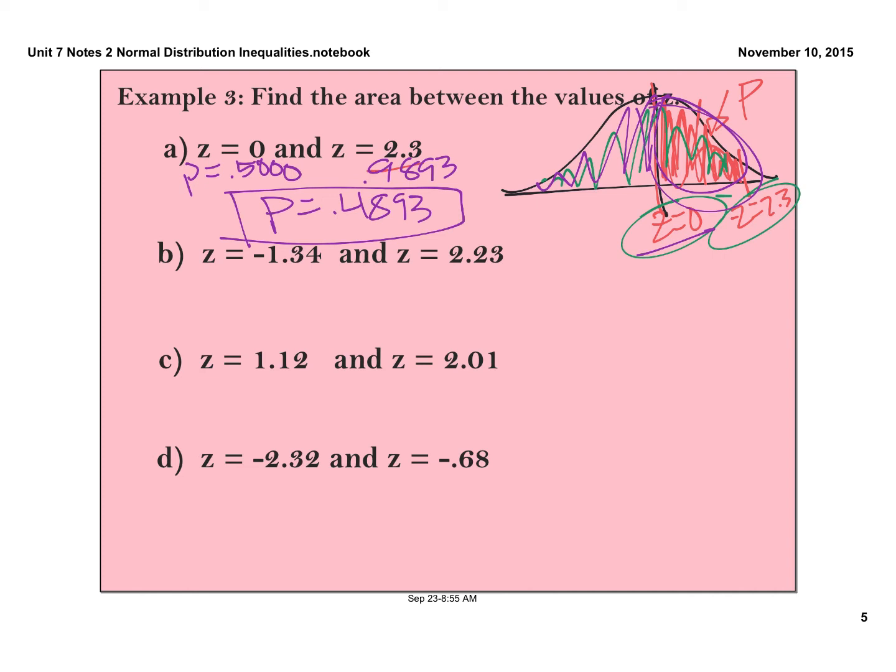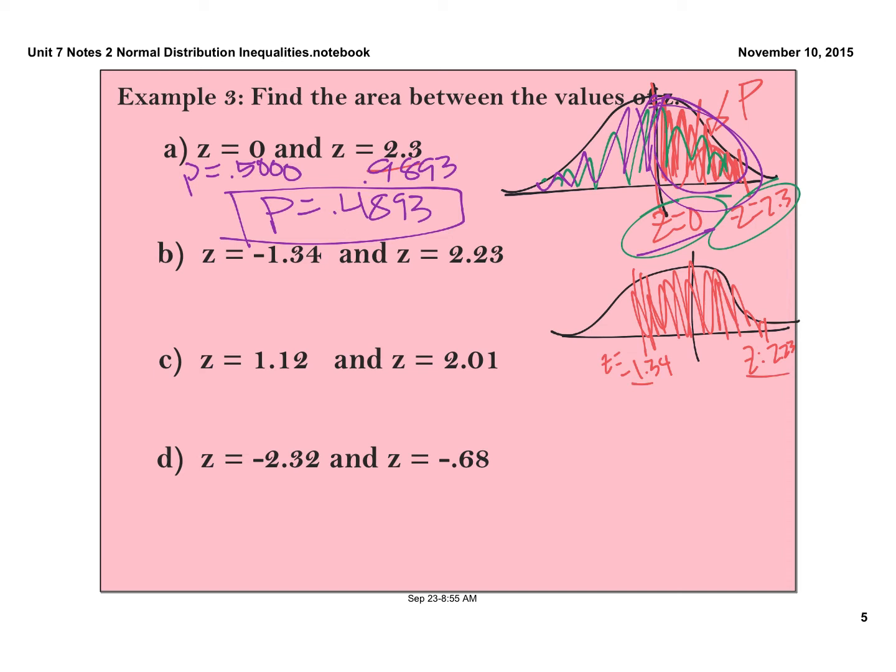Let's do it again. So if I do it again in part B, here's my curve. I'm looking at between negative 1.34 right here-ish for my z, and 2.23 up at the top. And I want what's between it. So that means I need to find both and subtract.